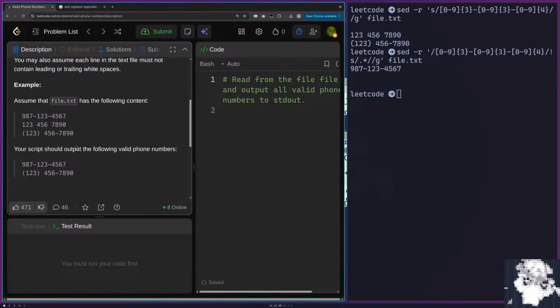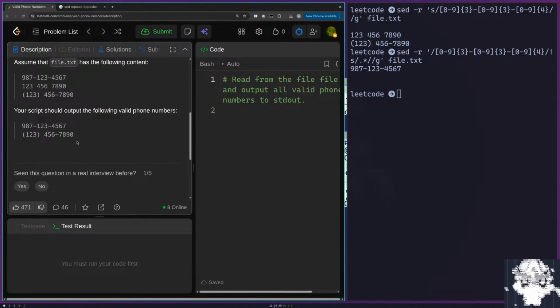What does it want in the end? It wants them in the same order, so I have to do it all part of the same thing.